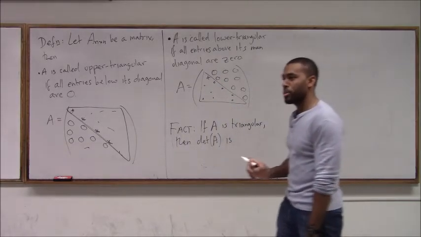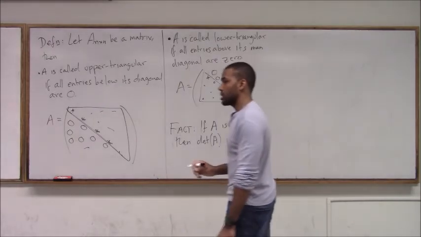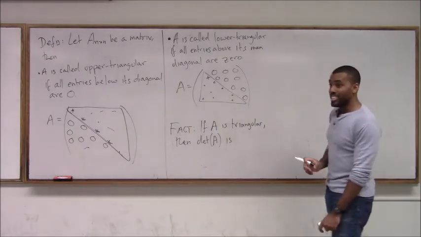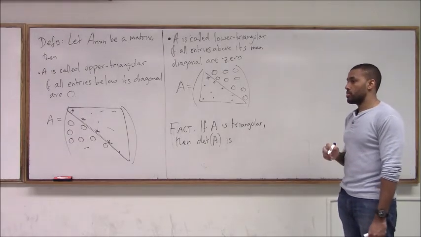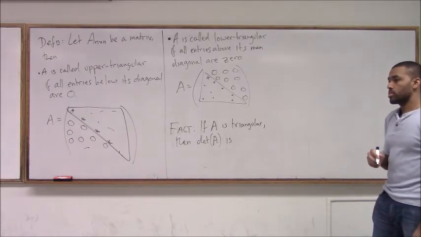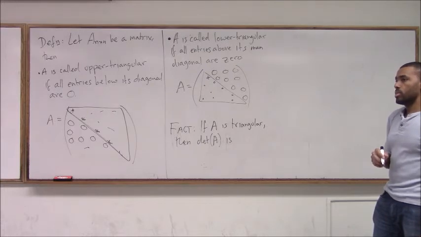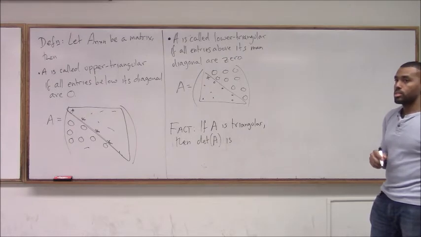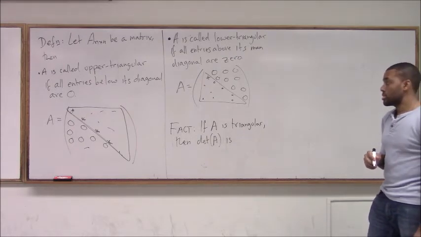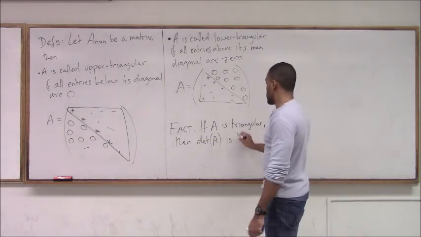I know it's kind of putting you on the spot. I think it's going to be 1. Like it's always going to be 1? Because if you go down the diagonal, they're not necessarily one. The product of the main diagonal elements.